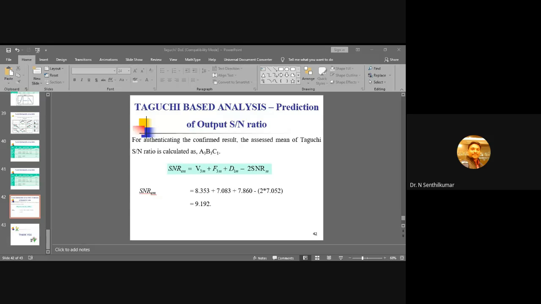Now everything I have converted into an SN ratio, which has the same unit, decibel. Am I right? The MRR unit is different, surface roughness unit is different, flank wear unit is different. But now I have changed it into a single unit, decibels, signal to noise ratio. Now I am going to provide weightages.